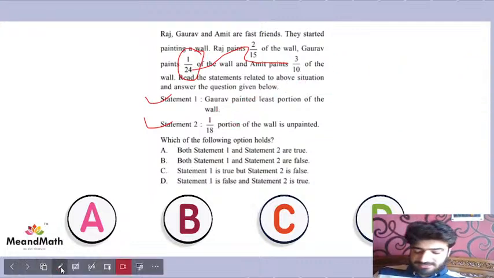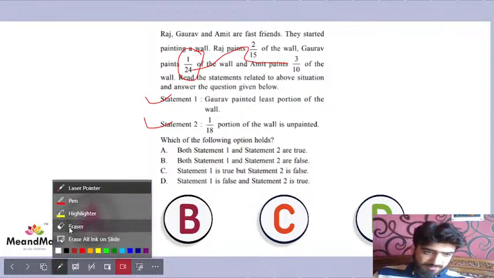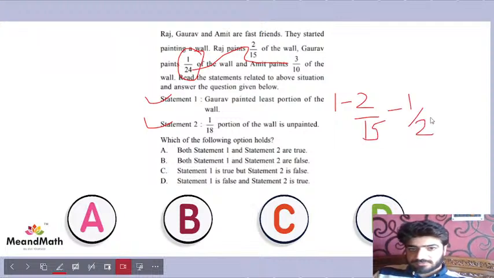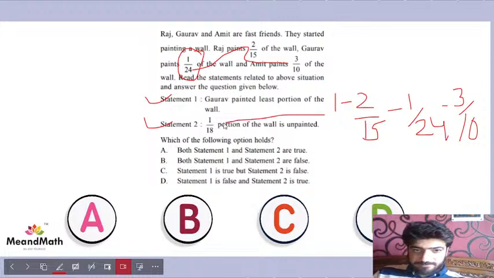If it is not, then statement 2 is false. Otherwise, it is true. So just try to find 1 minus 2/15 minus 1/24 minus 3/10. Find this for me. If this is equal to 1/18, then statement 2 is true.